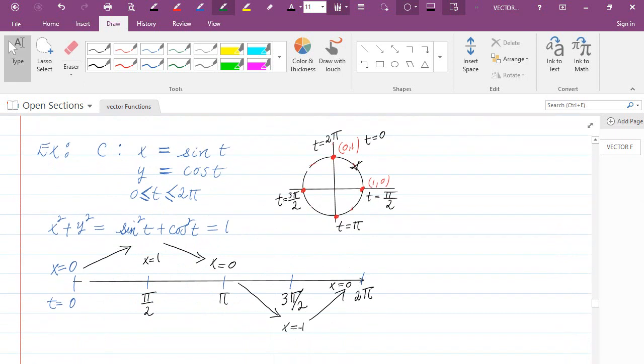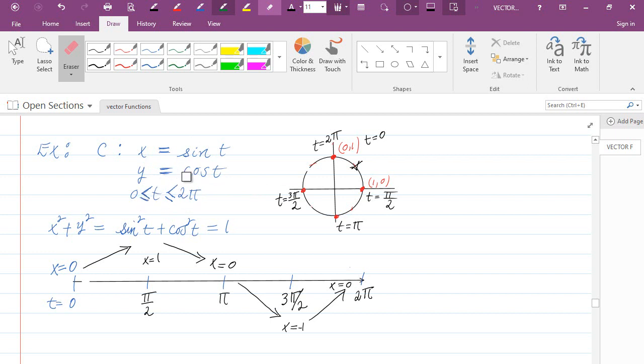So finally, I want to finish with this example. So x is sine t, y is cosine t, t is between 0 and 2 pi. Now, previously we looked at an example where we had an r here, and we saw that that was a circle traced clockwise.